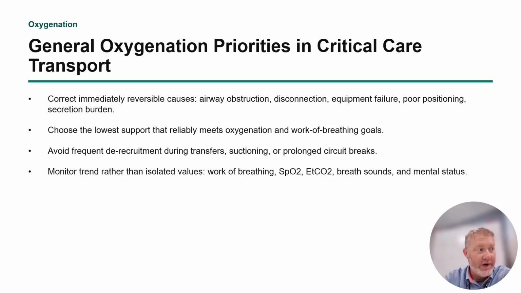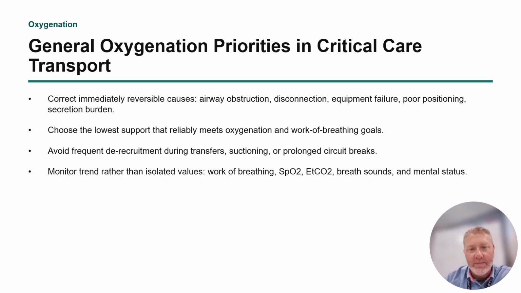Third, try to avoid frequent or repeated de-recruitment. Recruitment has to do with PEEP, being positive end expiratory pressure. Whenever you are bagging a patient with a BVM, you should have a PEEP valve on top, and that should be set to somewhere between 5 and 10, depending on disease process.